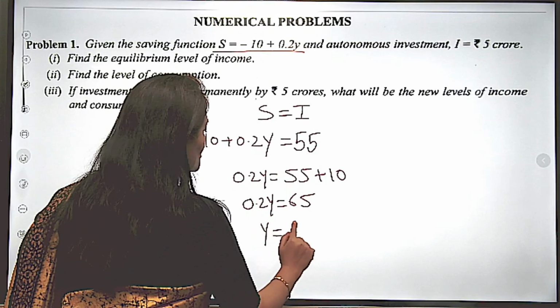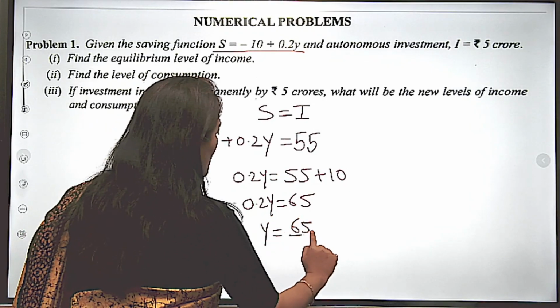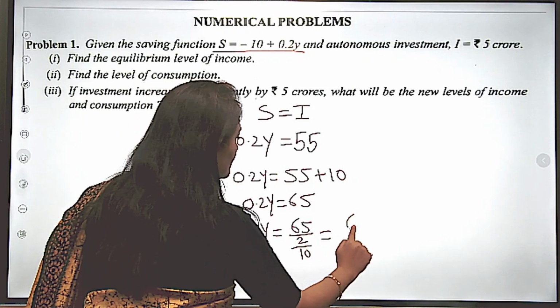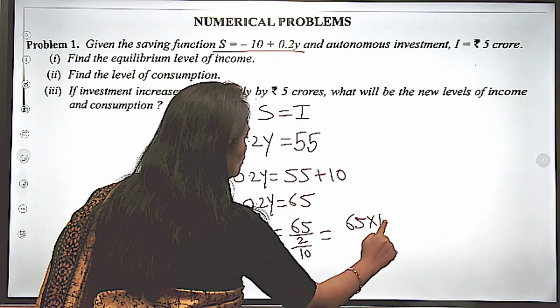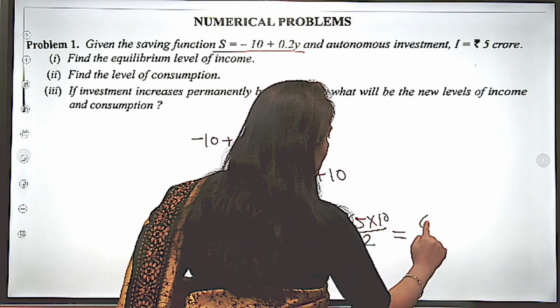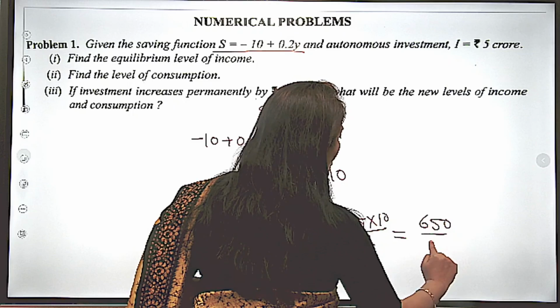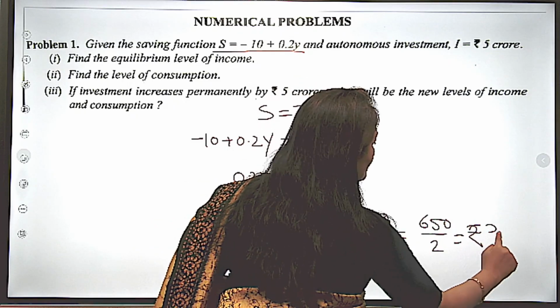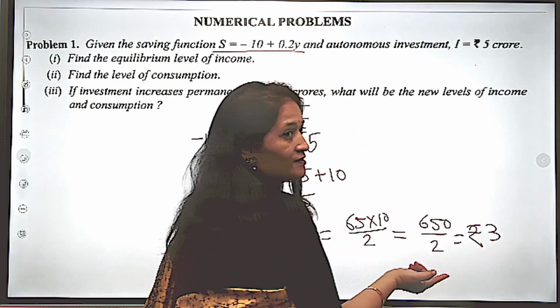Y, we can solve it: 65 upon 2 upon 10. So we get 65 into 10 upon 2, that is 650 upon 2. You get the answer rupees 325 crore. It's very easy if you solve it.